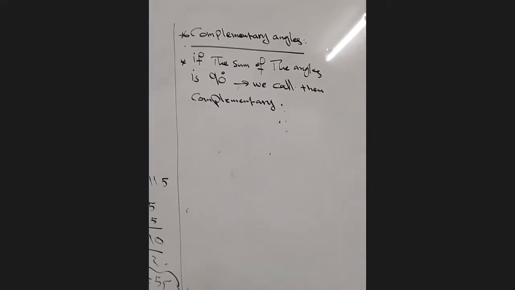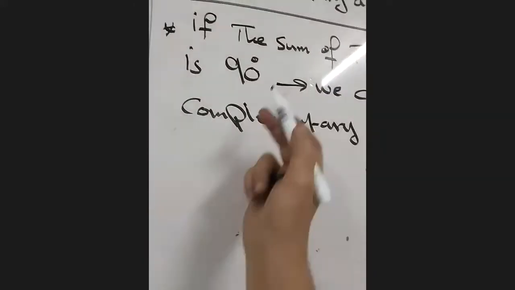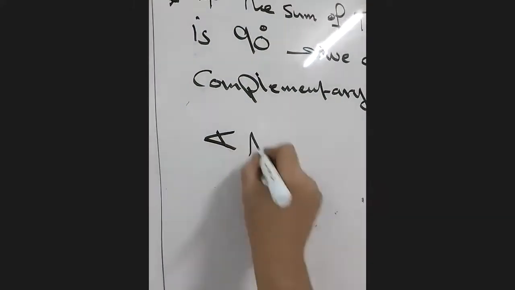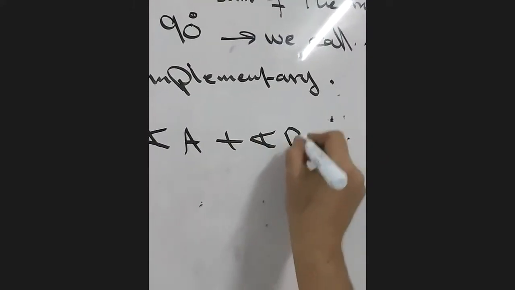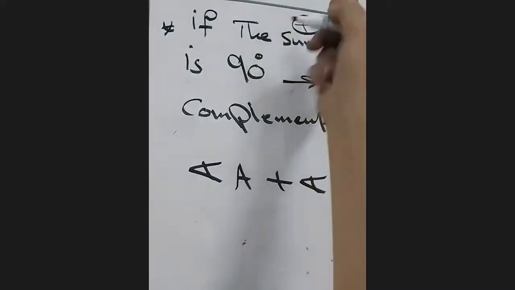So what are the complementary angles? Two angles, if you add them, the answer is what? 90 degrees. Means angle A plus angle B, if the addition of them, sum means what, guys? Addition.